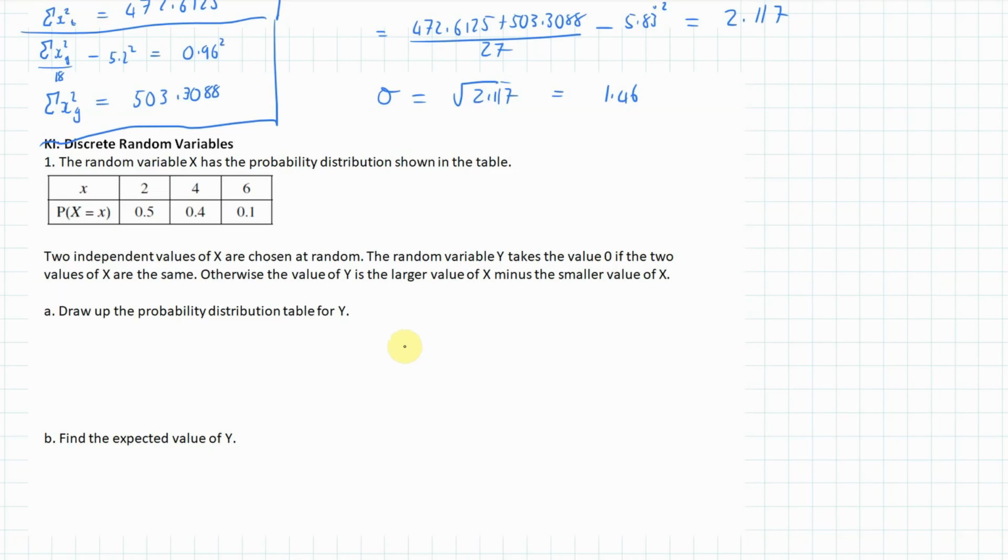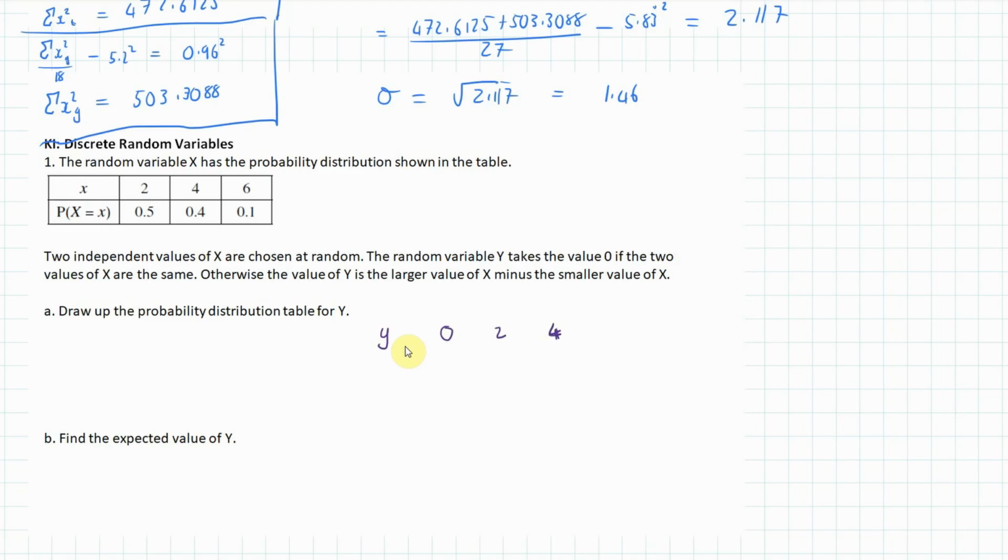Okay, so what are the different values that we can get here? Well, obviously you can get 0 if the numbers are the same. So, y. Now, the other option, if you got 4 and 2, you would get 2. If you got 6 and 4, you'd get 2. If you got 6 and 2, you'd get 4. So I think those are the only options you can get for this variable.